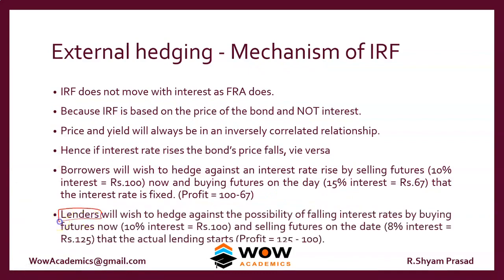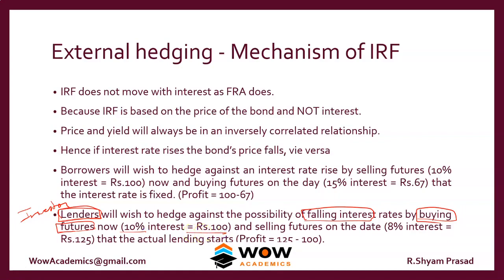So assume that you are a lender or an investor in a bond, and you feel that the interest rate might fall down. So what you should do is buy the futures. Currently the interest is 10% and the price of the bond is 100.